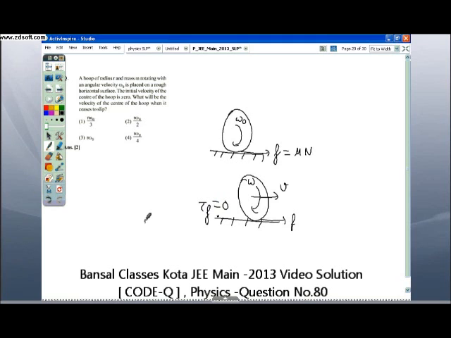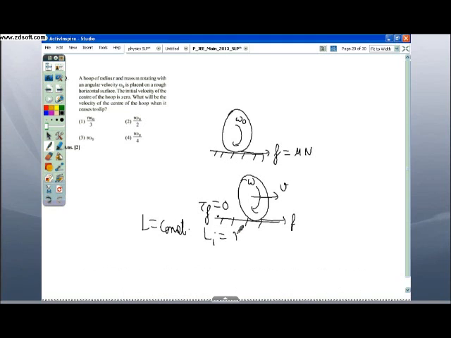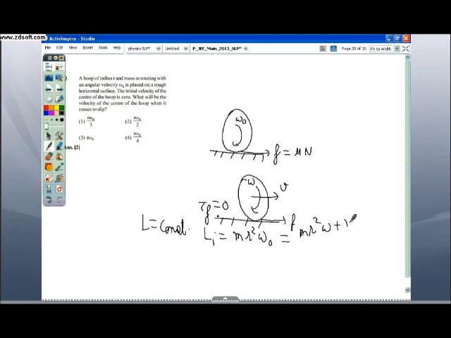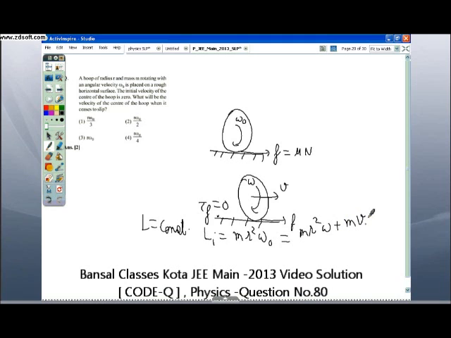So we can say that the angular momentum would be constant. The angular momentum initially was equal to mr square multiplied by omega naught. Finally, angular momentum would be equal to mr square multiplied by omega plus mv multiplied by r.